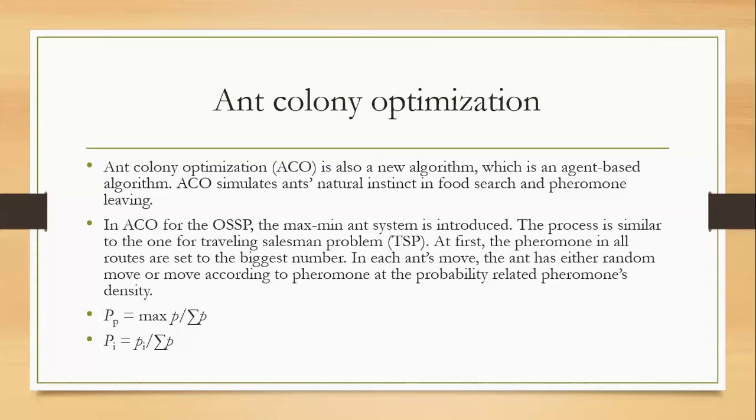After one round of ant moving, the pheromone on every route is updated. The pheromone is evaporated at a ratio, and then the best ant, whose route has the best solution in the whole process, will leave more pheromones at the rate of the score of the solution.